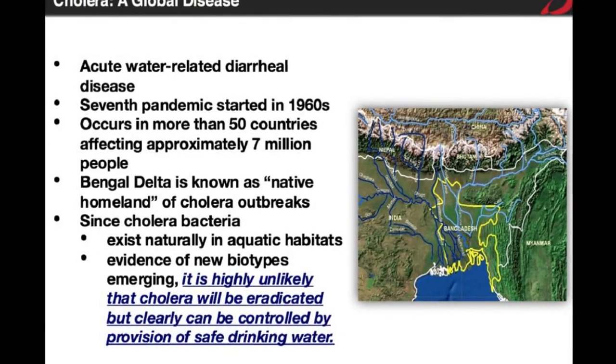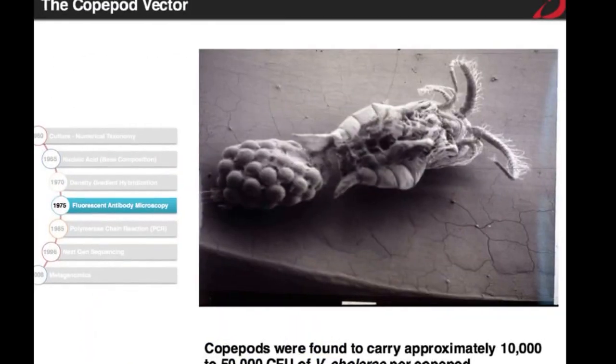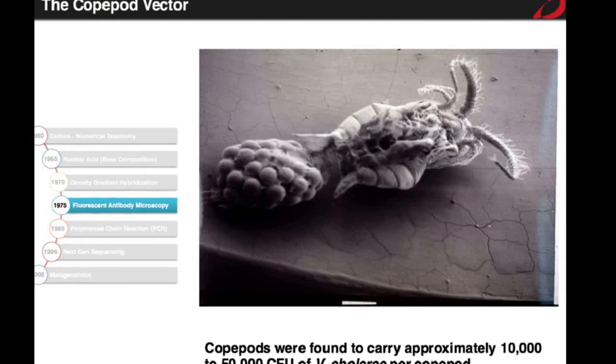Now, I've focused most of my work, as you know, on cholera, working in Bangladesh since 1975. We made a discovery about the vector, and I am going to be very bold now and call the copepod a vector for cholera, because copepods can carry up to about 50,000 colony-forming units, probably more, of Vibrio cholerae.